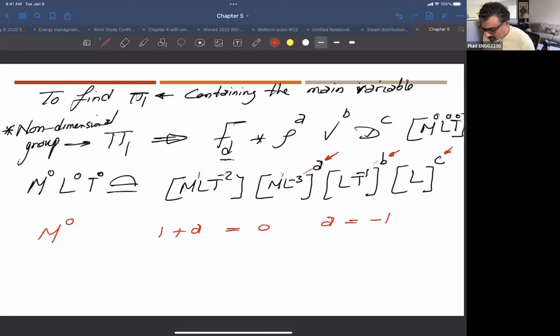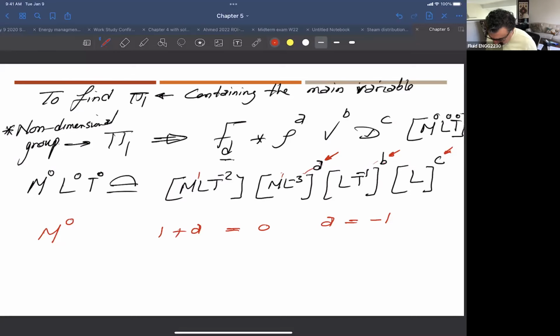Because at the end, when you multiply all these three variables by FD, you need to end up with a non-dimensional number, right? So A has to be minus 1. So the unit of this group here has to be non-dimensional.